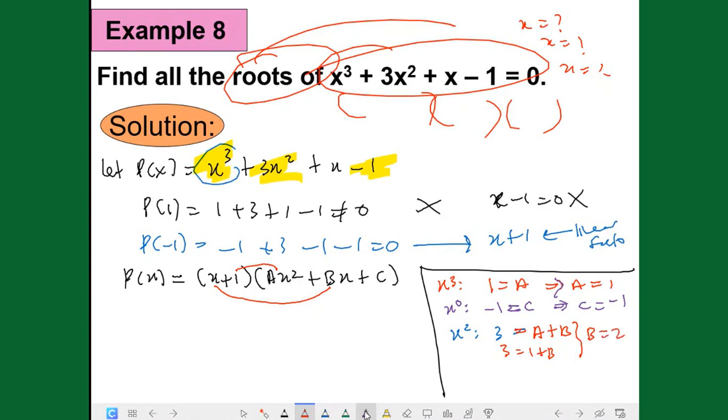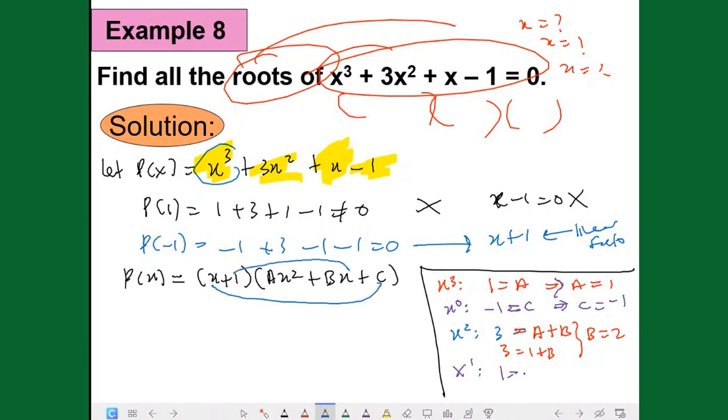Double check x power 1. Sebelah sini kalau kita double check, x power 1 ini dari hujung sana, x kan dengan hujung sini.